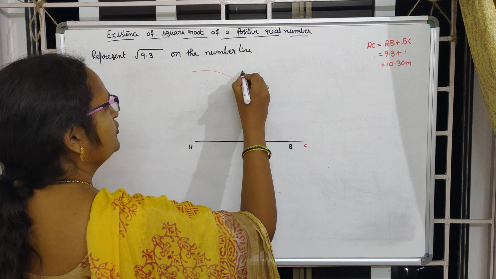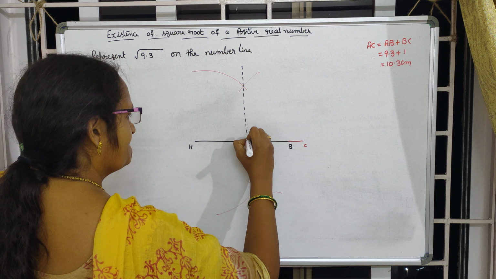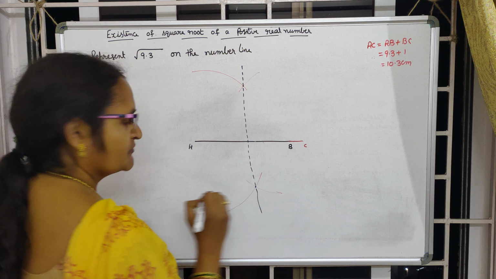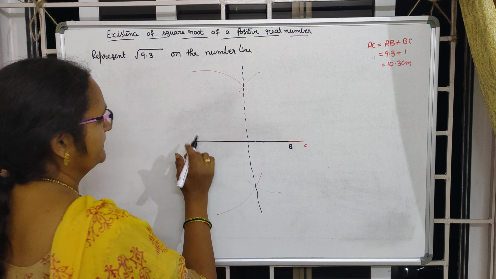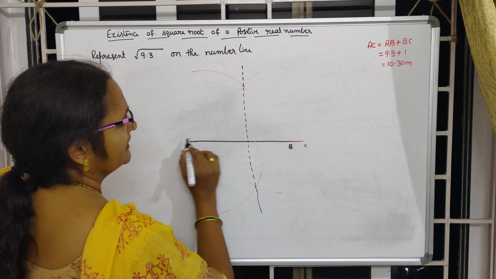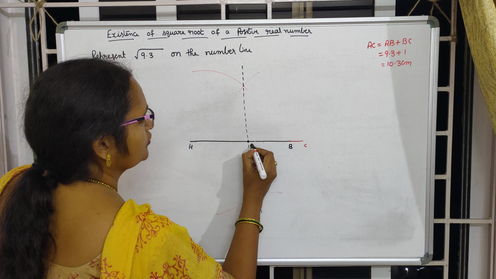I join these two points. This line bisects AC at a particular point. Name this point as O.